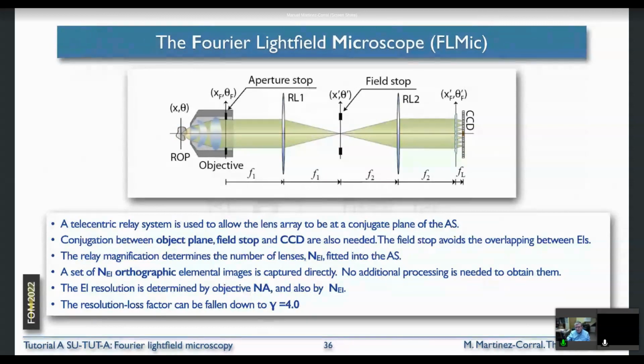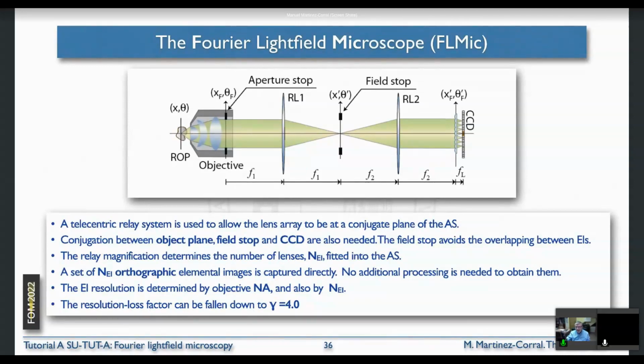In order to avoid the overlapping between the elemental images, the conjugate of the field stop onto the sensor should be equal or slightly smaller than the pitch. And this is determining the field of view here.